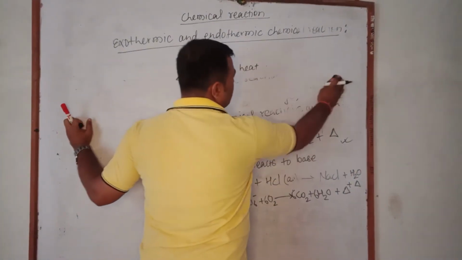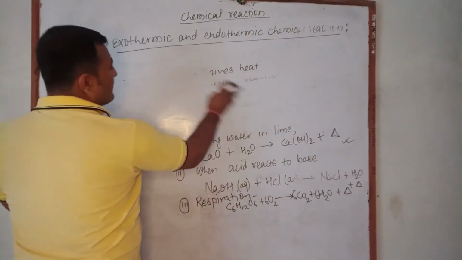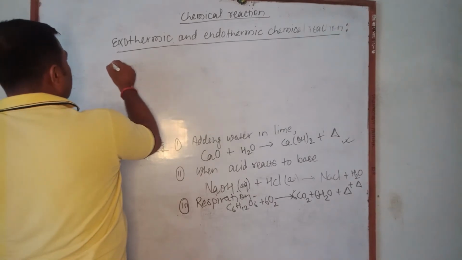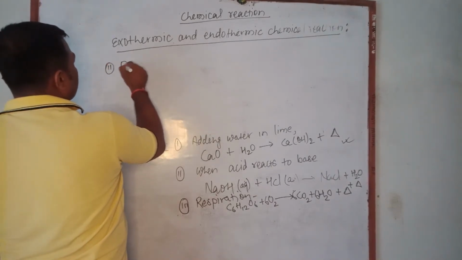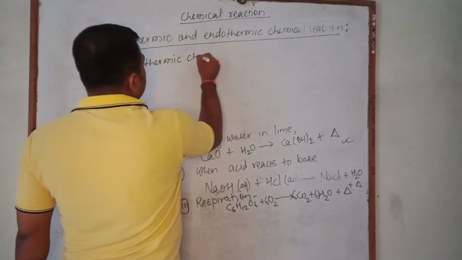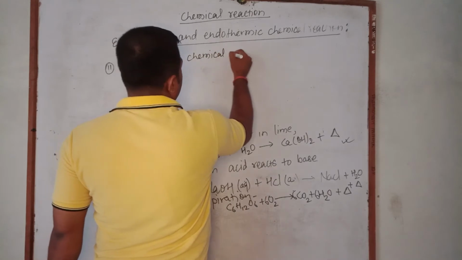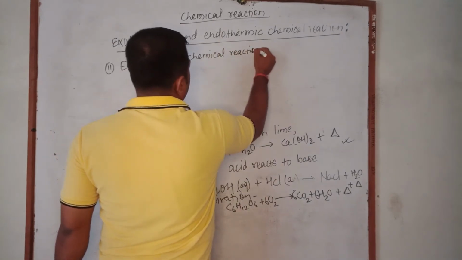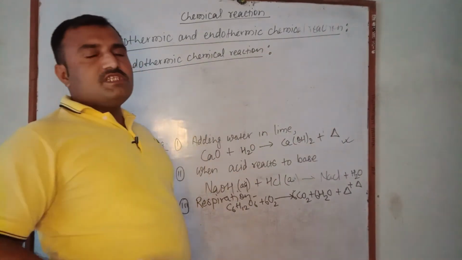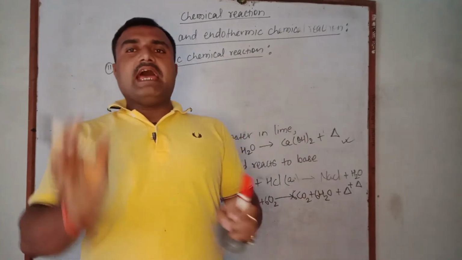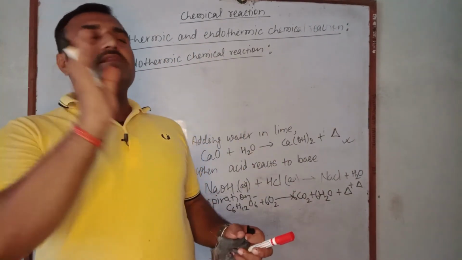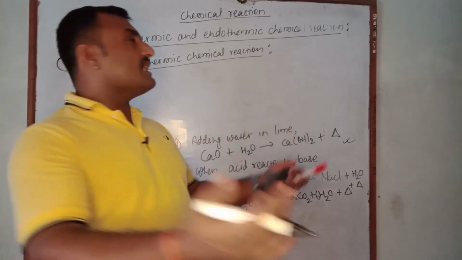Other type of chemical reaction is endothermic reaction or endothermic chemical reaction. And here we define it as endothermic chemical reaction. So this type of chemical reaction which needs heat, or we have to give heat energy to complete the reaction, then it is called endothermic reaction.